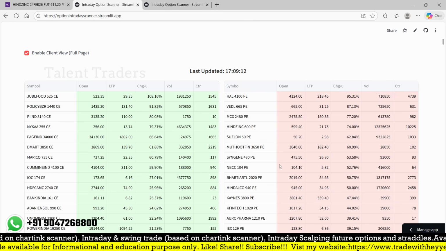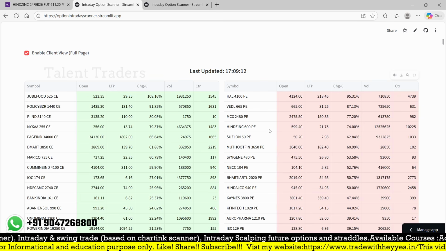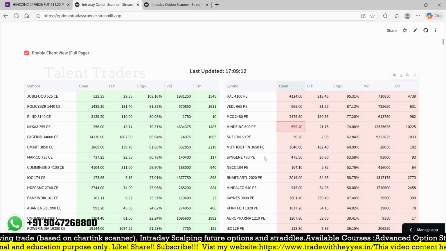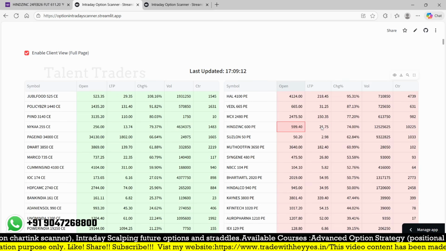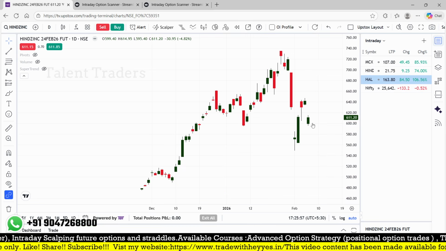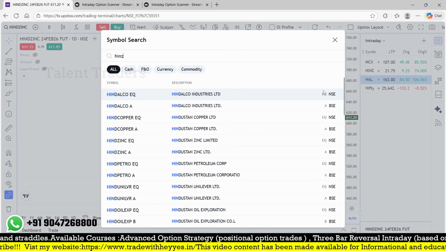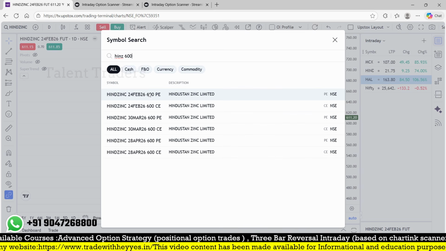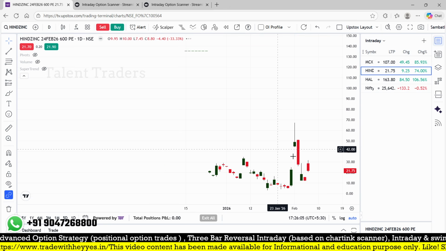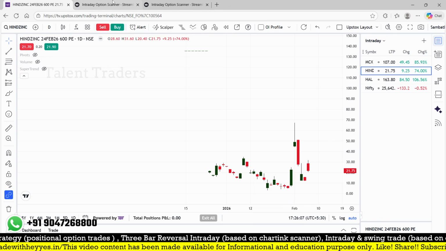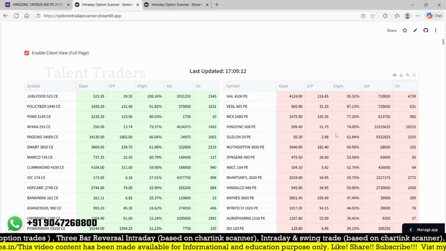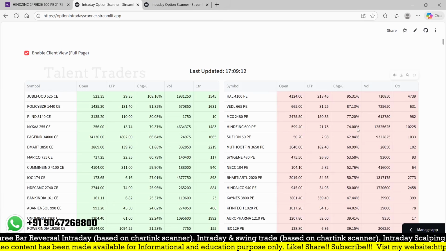And what should be the open price in InZing, 599.4, that is the futures open price. And this is the LTP of that particular strike price of 600 InZing, 600 put option on the right side. So closing is 21.75, that is also exactly showing 21.75 and 74.